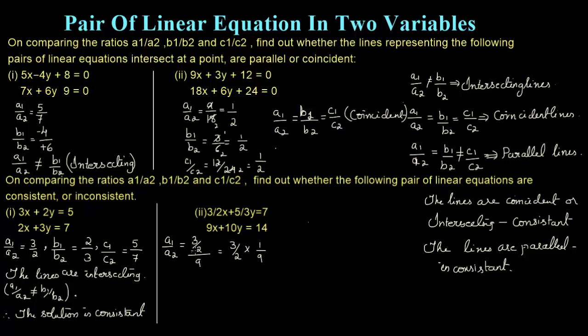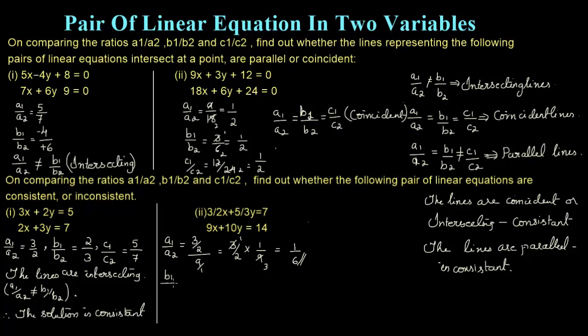How is it possible? When there is a fraction divided by any number, you take the denominator of that as 1, so you take the reciprocal of the second fraction. So it will be 1 by 9. 1 ones are 1, 3 twos are 6. So 1 by 6 is the answer.